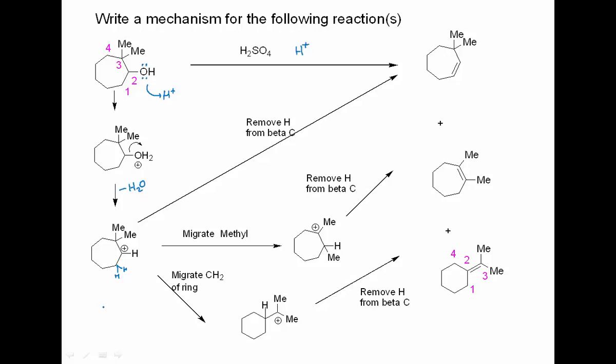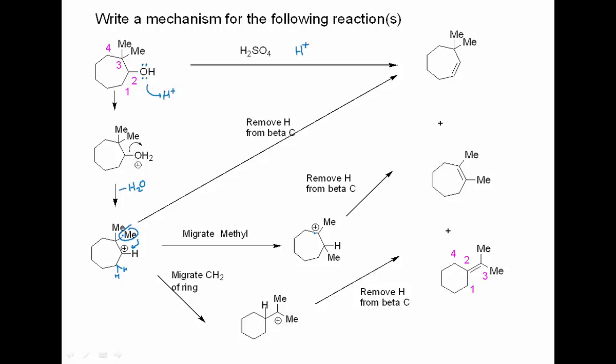Okay, one of the things that this could do, just like before, is that it could migrate the methyl group. Okay, so if the methyl group migrates with its electron pair, we're going to get the carbocation over here. And I'll explain right before we end this what are some common mistakes that students make when they write the mechanism.